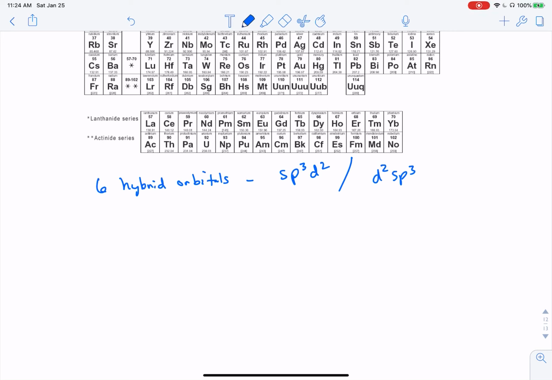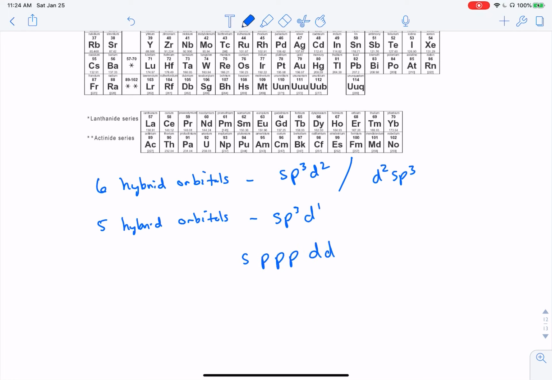maximum. So if you have 5 hybrid orbitals, it would be sp3d1. You don't have to write that 1 there, but I write it anyways just to make sure. And so when I do hybridization, I just write out my orbitals, sp, p, and then d.